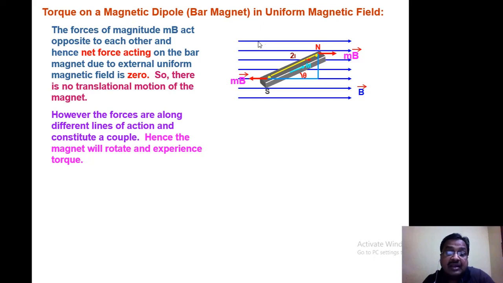But as their lines of action are different, these two mB forces constitute a couple and tend to rotate the magnet in the clockwise direction. So the mB combination constitutes a couple, and the moment of the couple is called torque. So a magnetic dipole or a magnet placed in a uniform magnetic field will experience a torque.